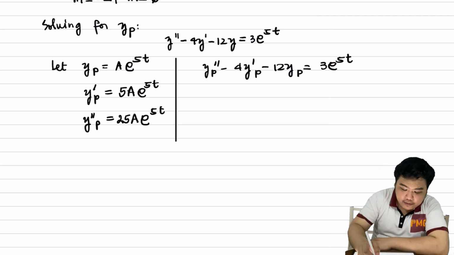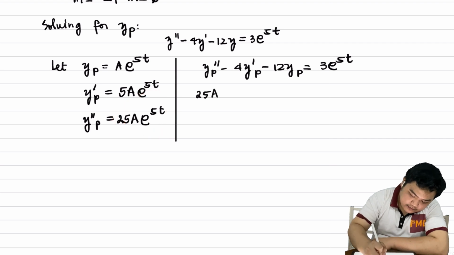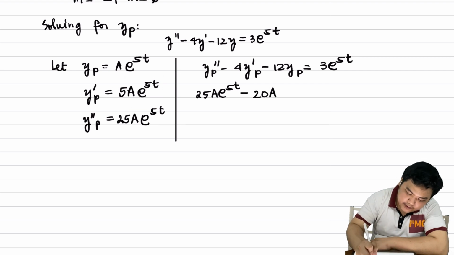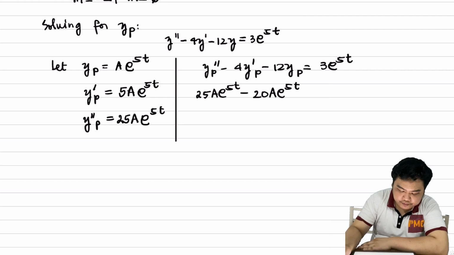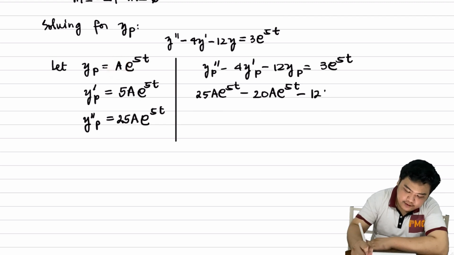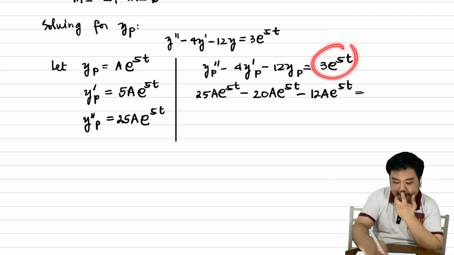So, what is y double prime? We get this. Minus 4 times y prime of p. So, i-times mo to sa 4. Magiging 20a. E raised to 5t. Minus, you multiply this by 12. 12a e raised to 5t, and it should equal the right hand side.